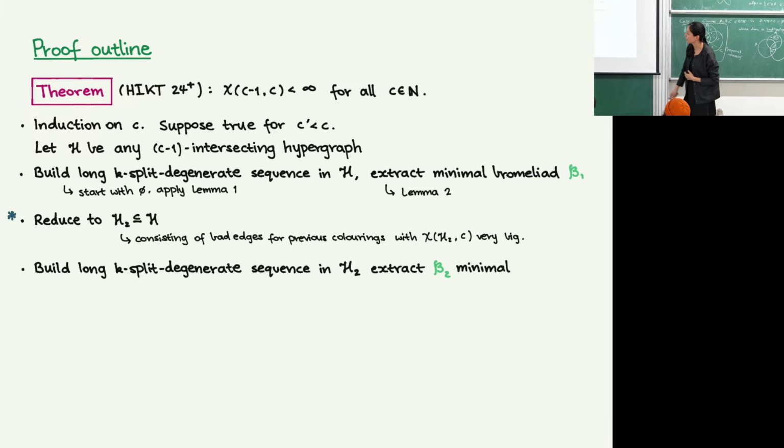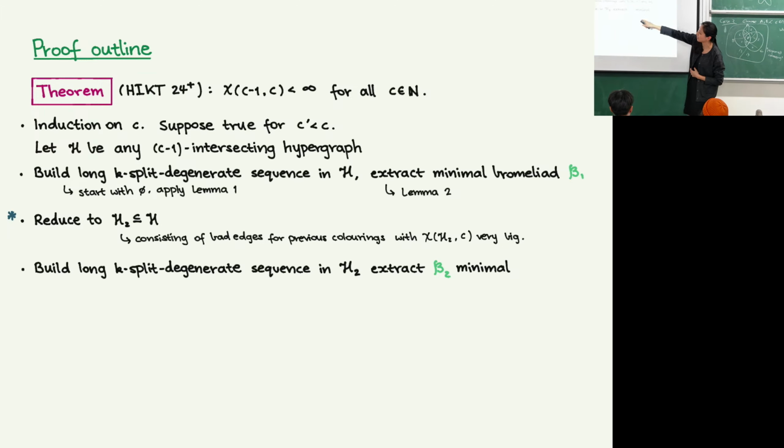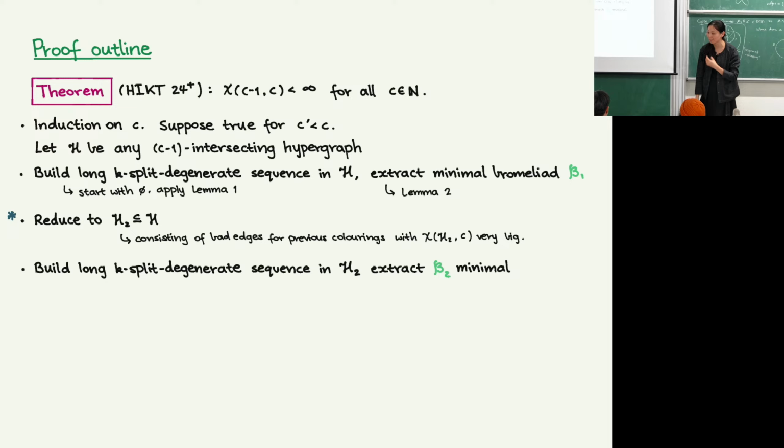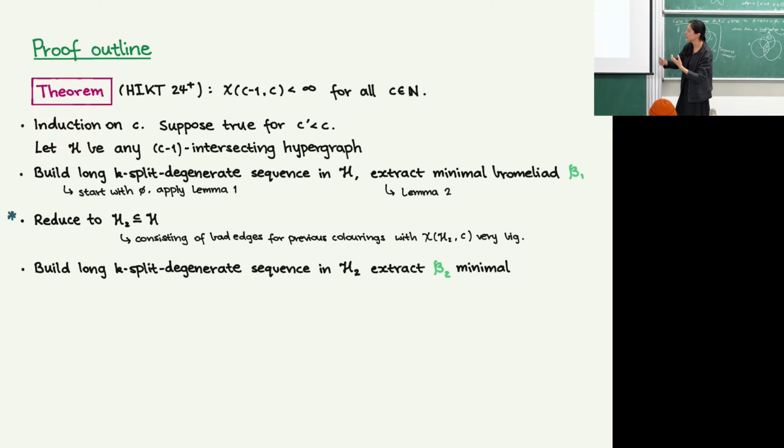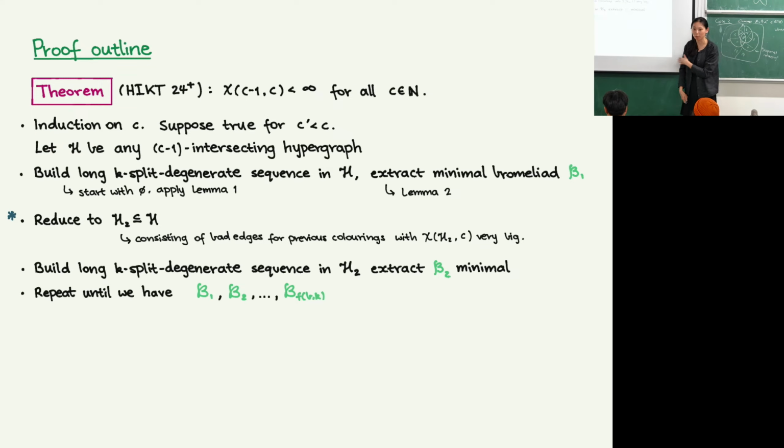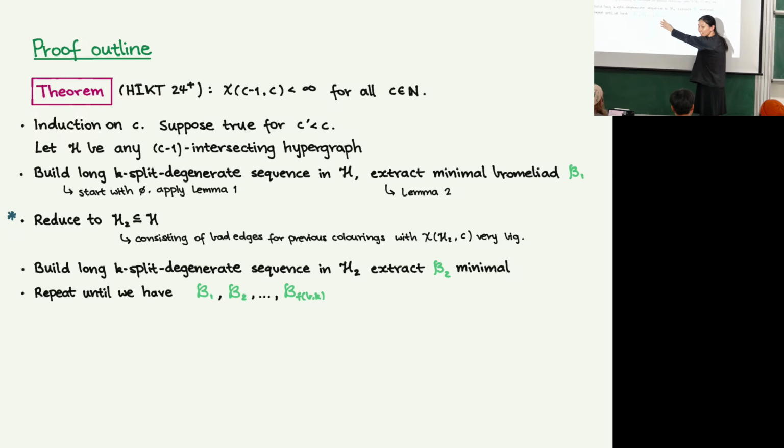Okay. Now, the reason I want this is so that I can repeat. So now I have H2. I'm going to apply lemma 1, apply lemma 2, extract another bromeliad B2. And again, I reduce to H3 and so on until I have a whole sequence of bromeliads, and the number of them is the same FBK. Okay.